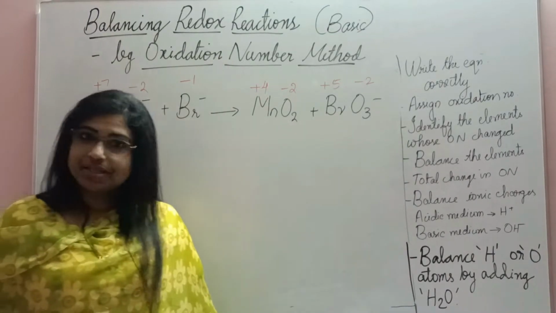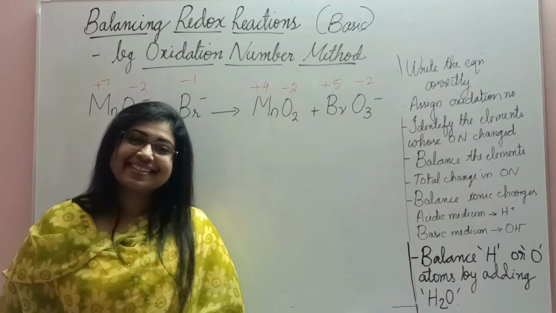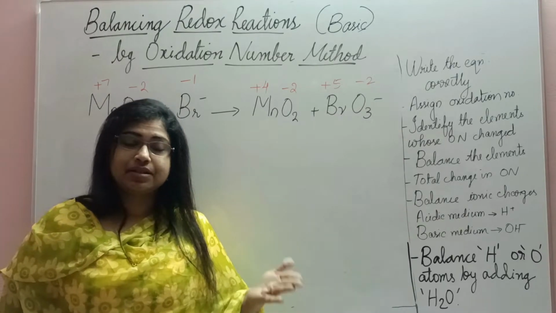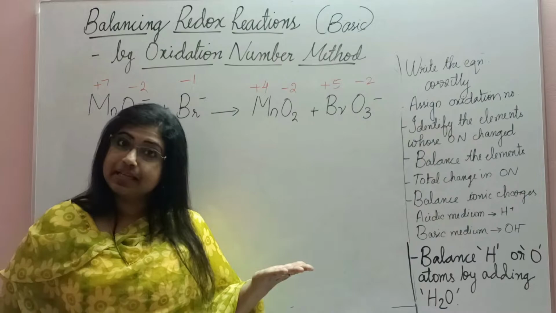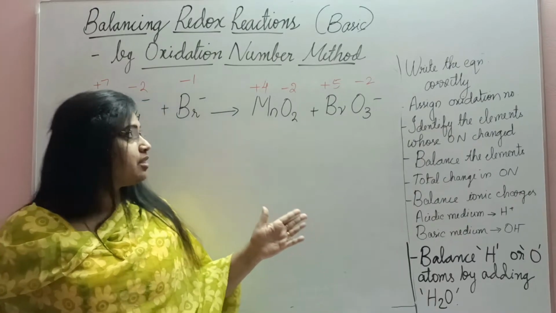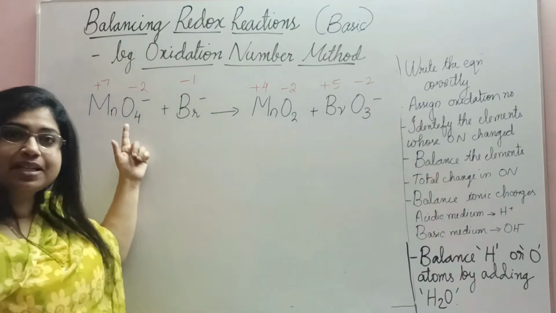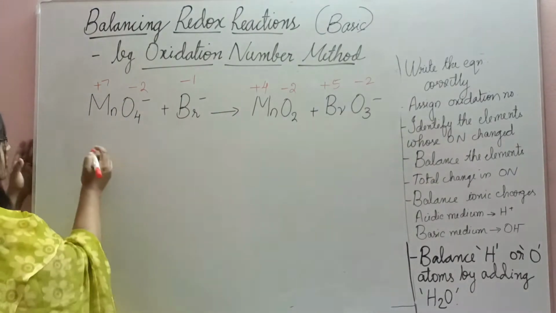Now, our steps are not over. Calculate the total decrease or total increase in the oxidation number of both manganese and bromine. We can start with the manganese.